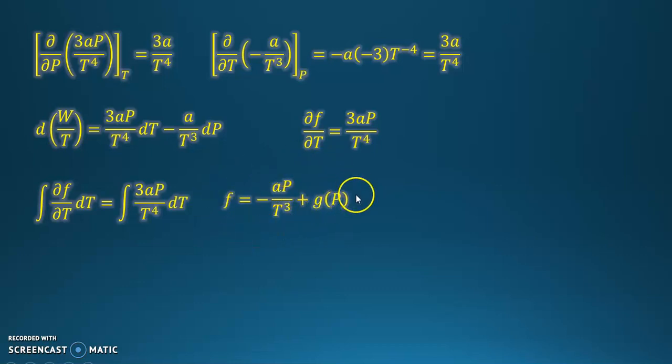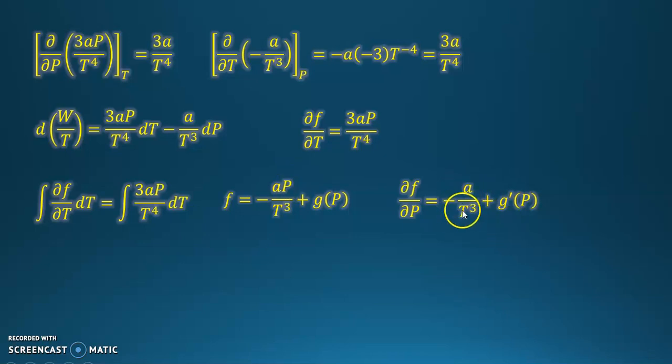In order to find what is this expression g of p, we need to calculate the derivative of this expression, but now with respect to p. If we do that, the partial derivative of f with respect to p is equal to, a and t are constant, so the derivative of p with respect to p is equal to 1.